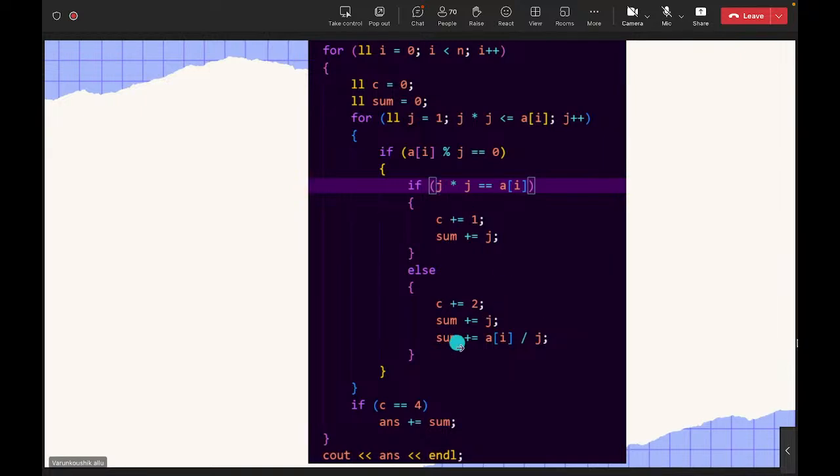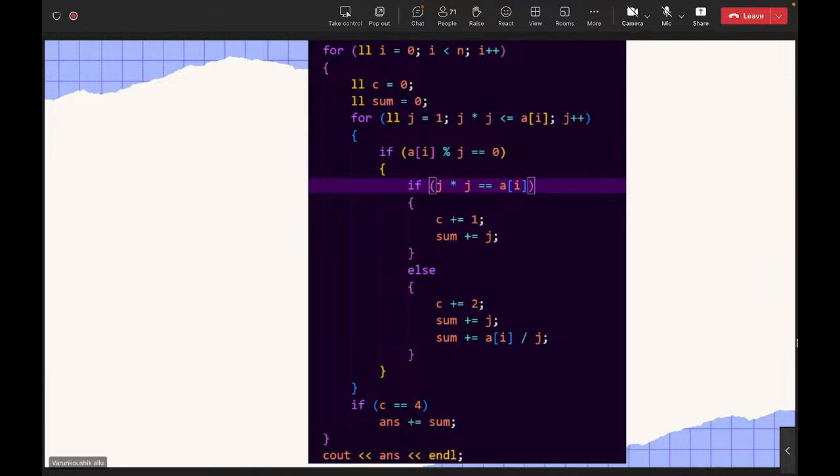What is that? A of i by j is the other number. Let's say take 36. Suppose we are taking 1 into 36, 2 into 18, 3 into 12, 4 into 9. Same logic here. If those two are different, then there are different divisors there. So c will store the number of different divisors for A of i.